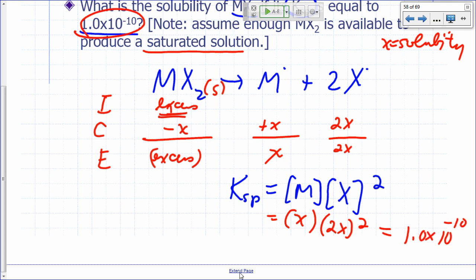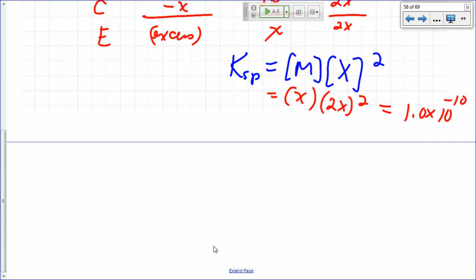What would be our X? X times 2X squared is 4X cubed, right? So that's equal to 1.0 times 10 to the negative 10.